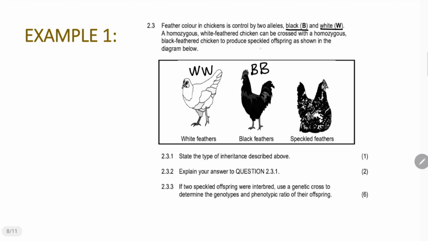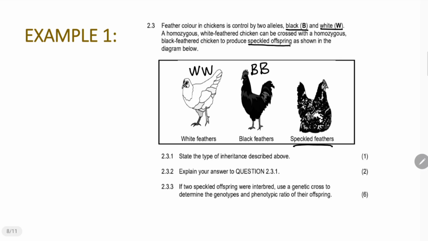right? To produce speckled offspring. So this is this chicken here. It has got speckled feathers, as shown in the diagram below. So let's come up with the genotype for this speckled chicken.